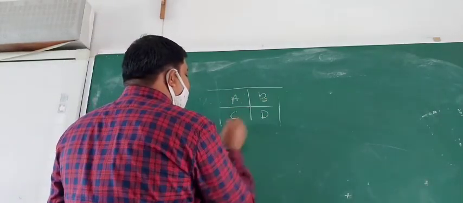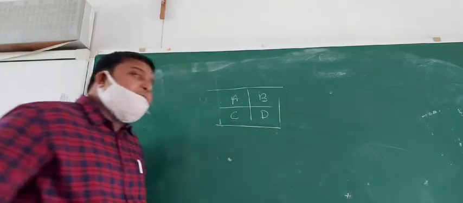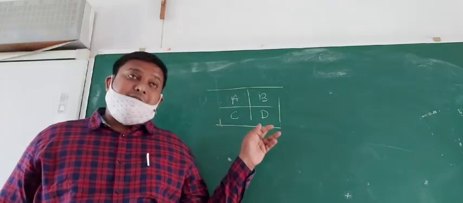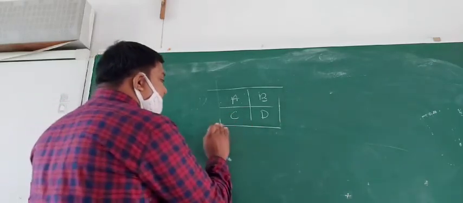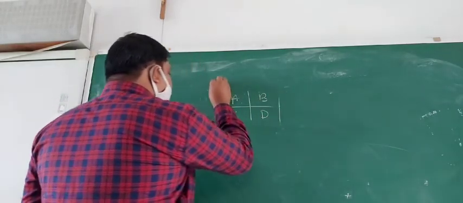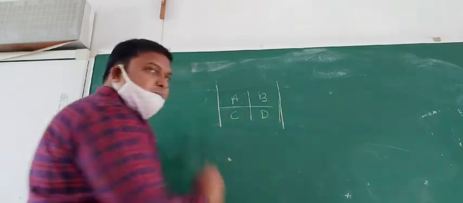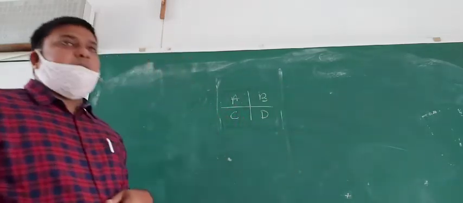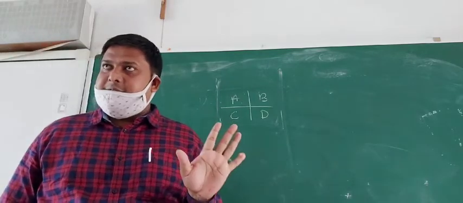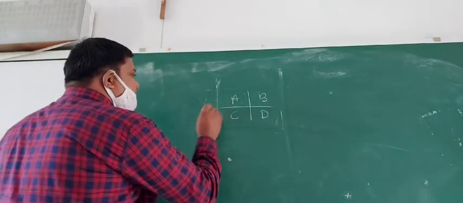If the table structure is like that, what do we have to use? H sides. The frame value will be clear. And if the tables are like that, is it clear?